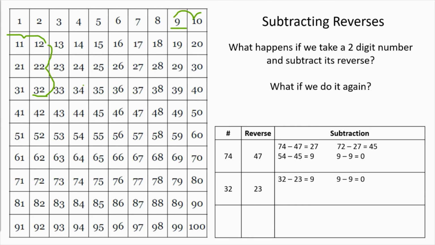How interesting. For the last number we picked, we ended with 9 minus 9 equals 0. And for the next number we picked, the same thing happened. Could this be a coincidence or part of a pattern?